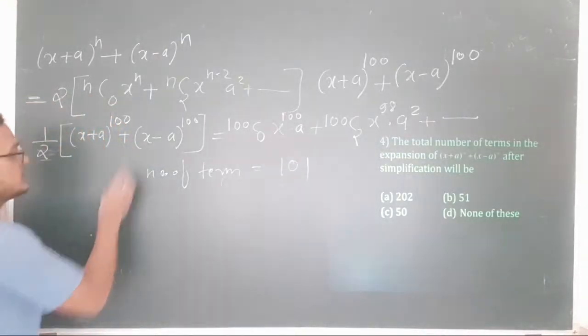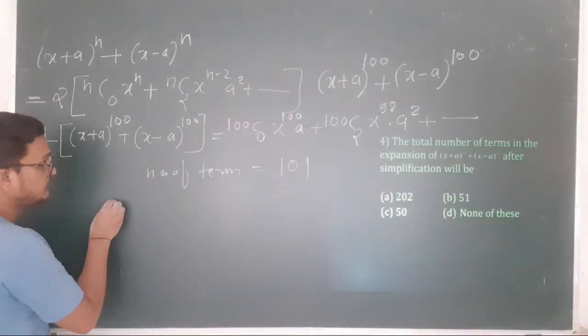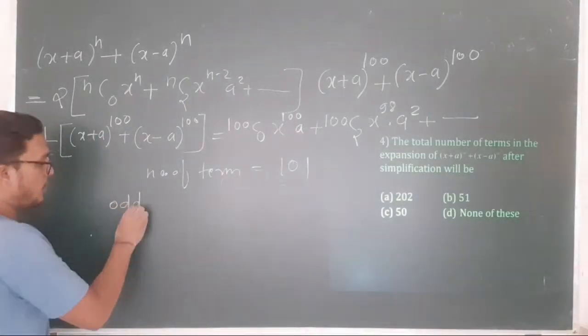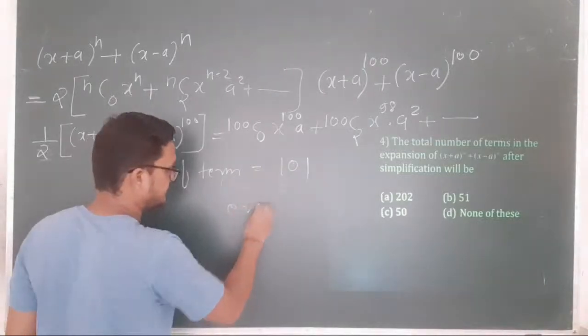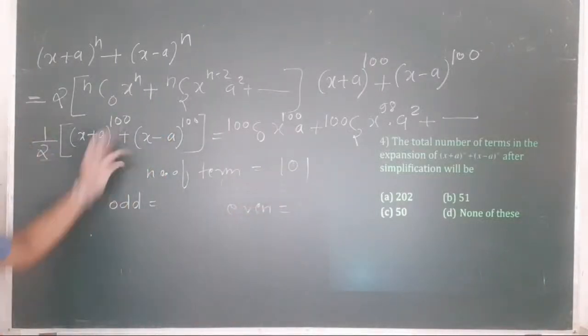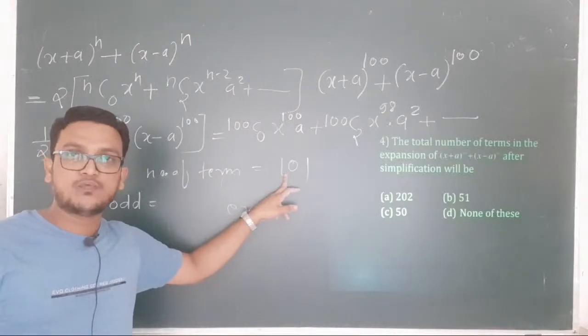See now, odd and even. When you expand this, you will get 101 terms.